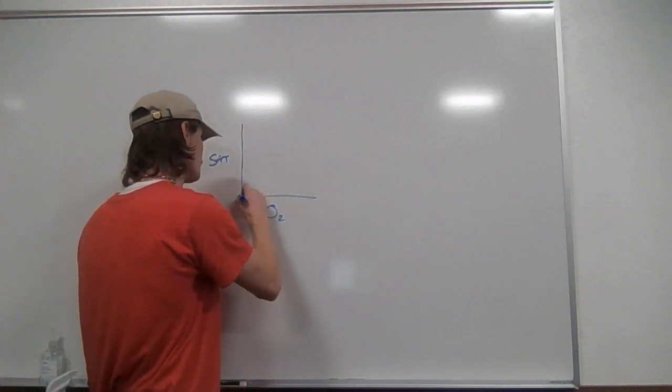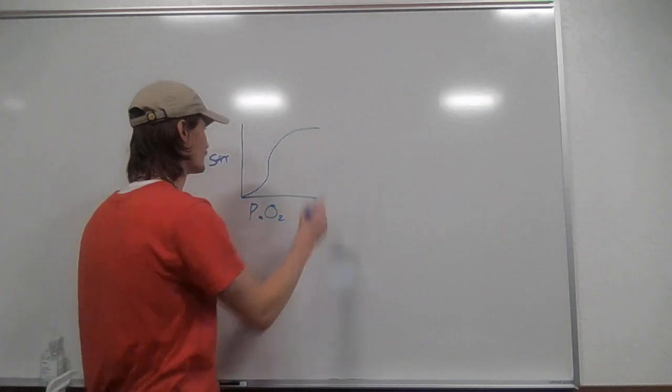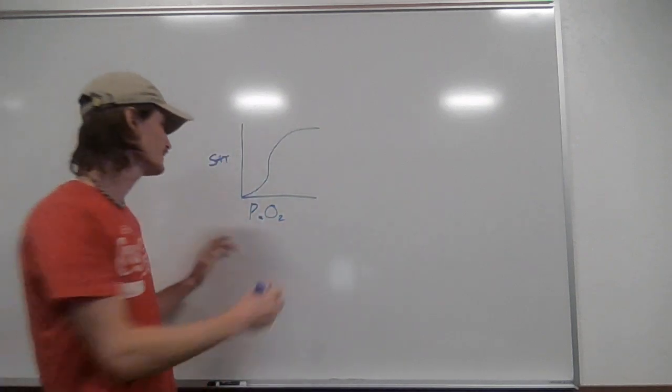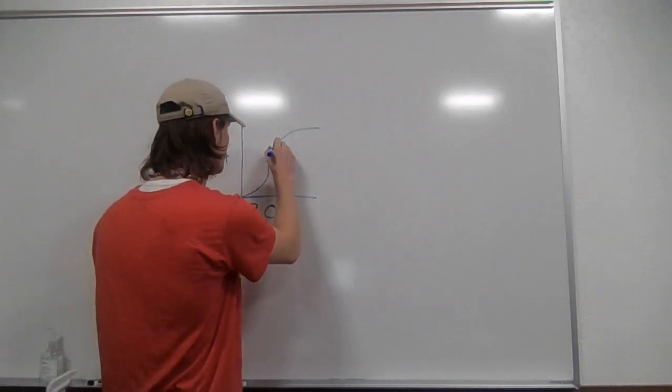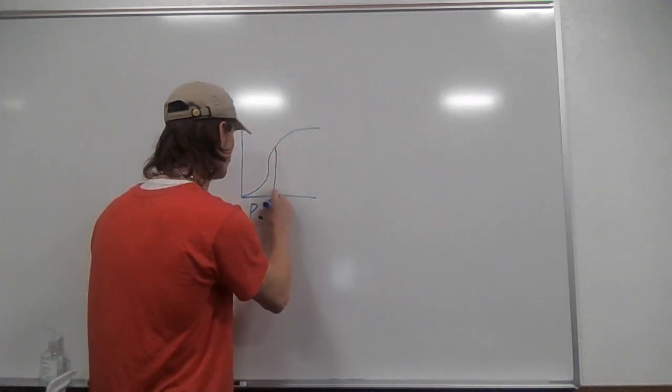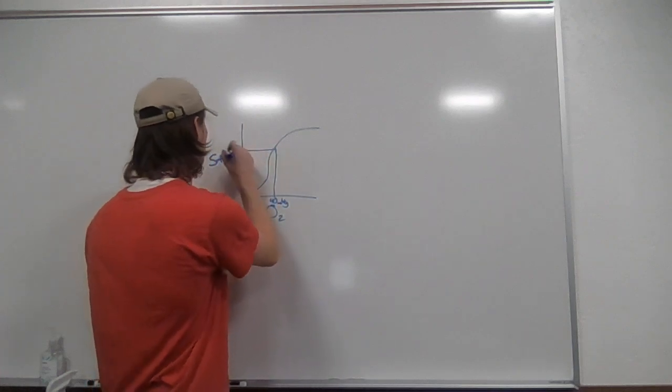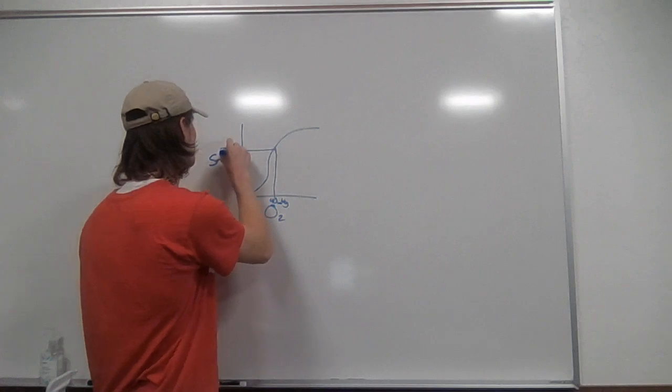And so a normal curve is going to look something like this, with 40 being right about here, I think. So this should be about 40 millimeters of mercury, and this should be about, I think it's 75%.